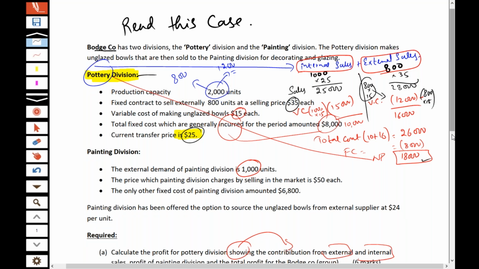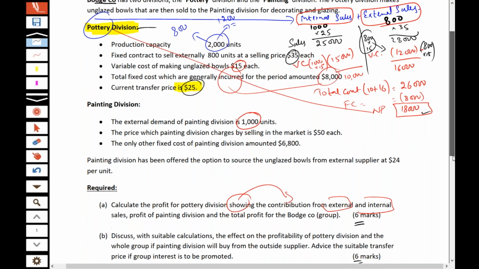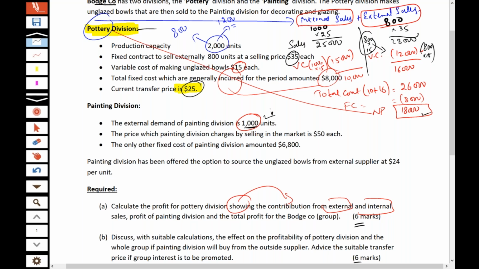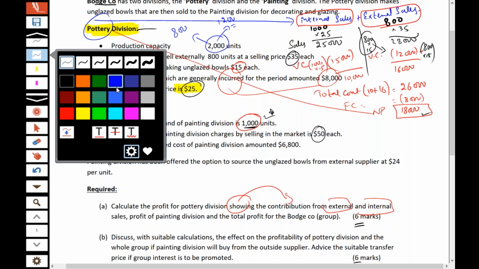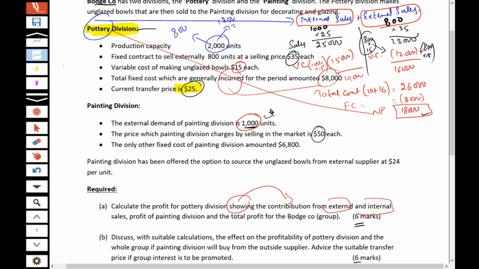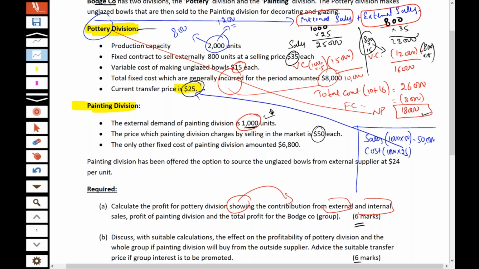Now we need to calculate the profit for the buyer division, and the buyer division is now sourcing 1,000 units and selling at 50. Now see, I am using the blue color for the painting division. For the painting division, what is the sales? The sale for the painting division is 1,000 multiplied by 50, that is 50,000, and the current cost is 1,000 multiplied by 25.